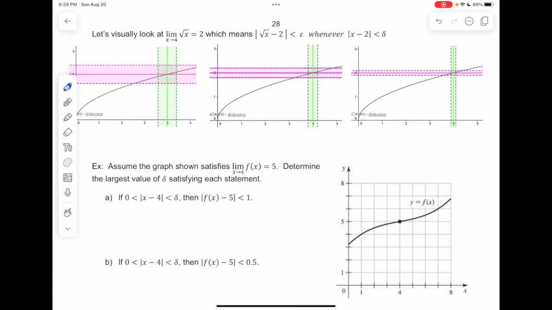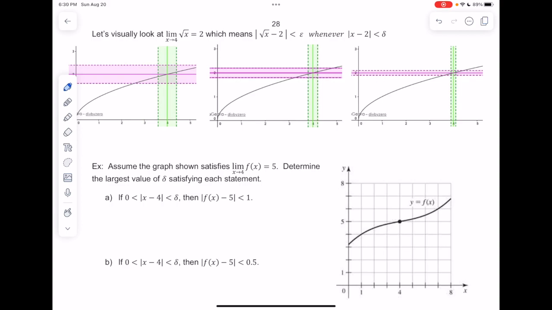All right, now expanding on that idea from the previous page, let's look at some visuals from another example. Let's look at the limit as x approaches 4 of the square root of x, which is equal to 2. And that should mean, according to this definition, that the absolute value of the difference between the function square root of x and its limit 2 will always be less than epsilon whenever the distance between x and 4, so the difference in absolute value, is less than some delta.